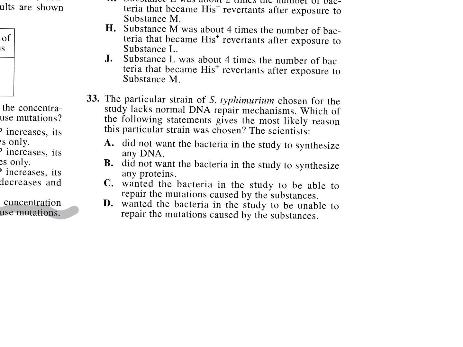Did not want any bacteria, wanted the bacteria. It's a little more wordy than some of the others, but again, this is a 50-50 question. Try to do process of elimination if you have to.